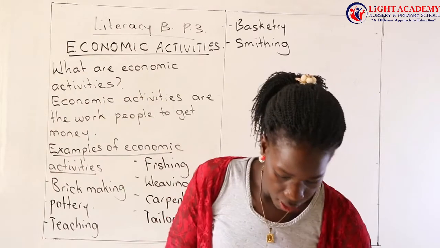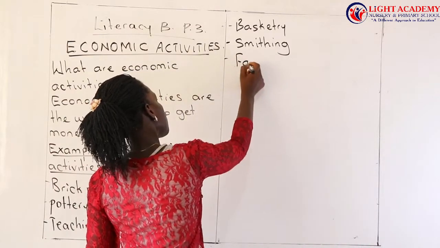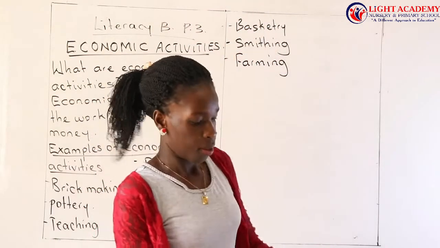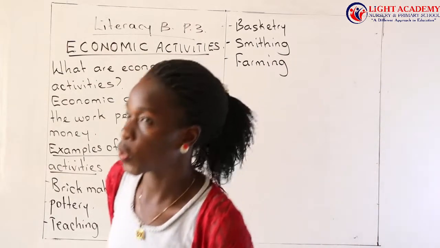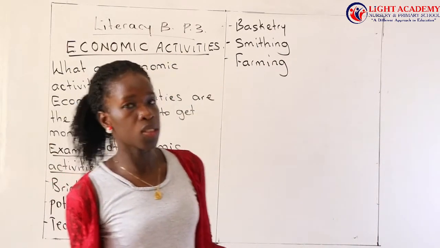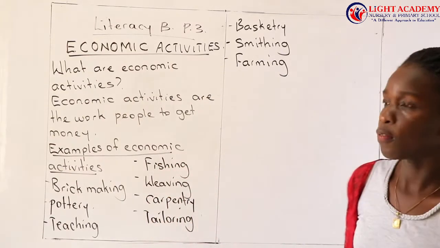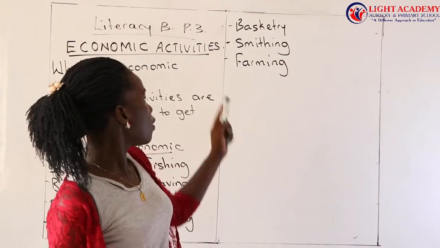And then we have another one which is called farming. Farming is the activity people do to rear animals and grow crops. So farming is the rearing of animals and growing of crops.